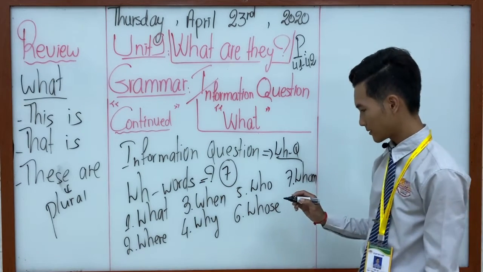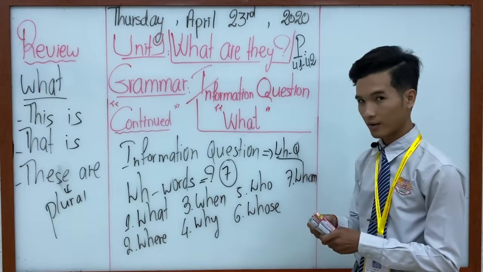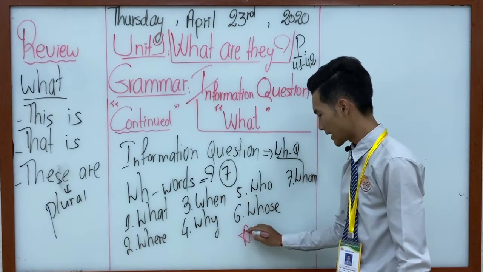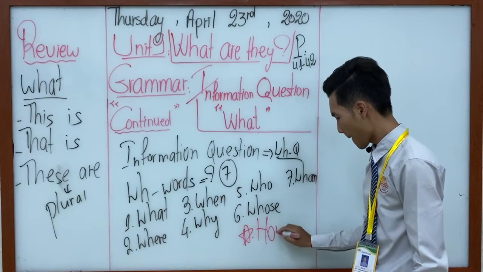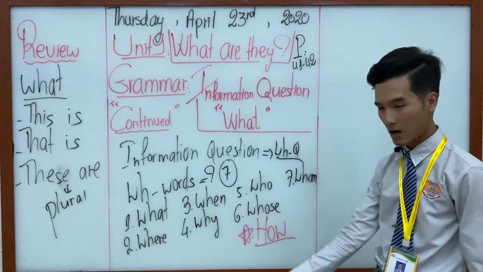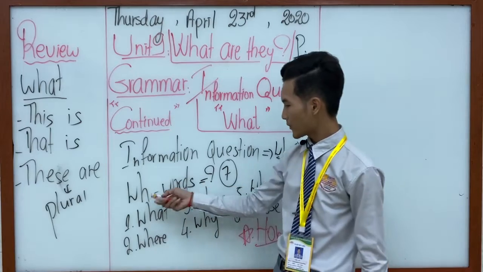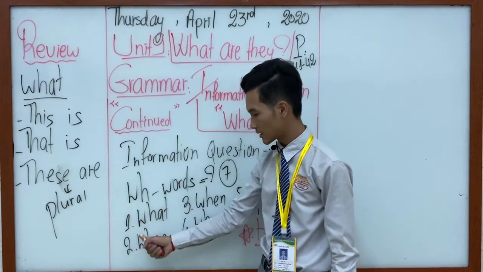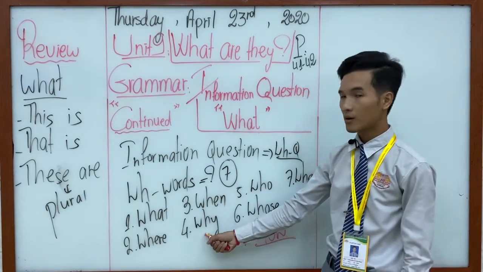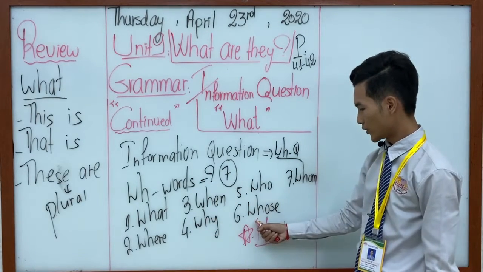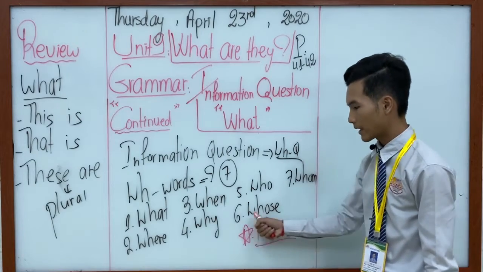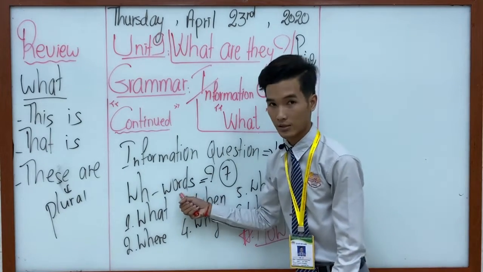Okay, but we have one more thing that we also add in the WH words. So what is that? It is how. So we have 7 WH words. The first one is what, where, when, why, who, whose, and the last one is whom. But we also add how in the WH words, right?